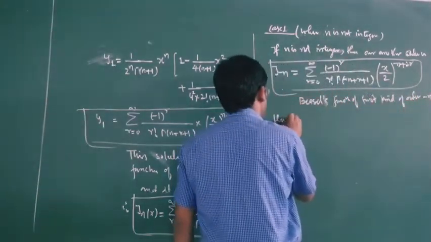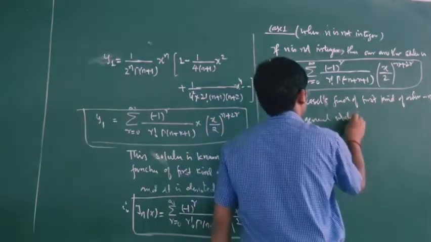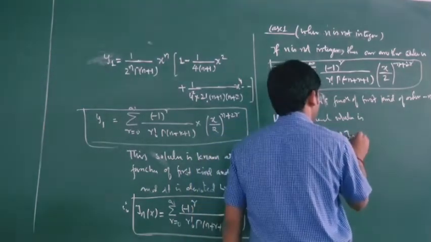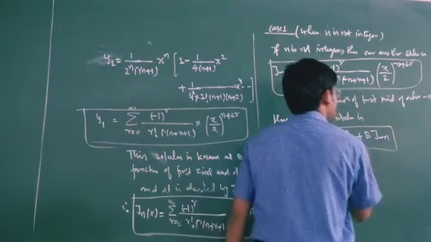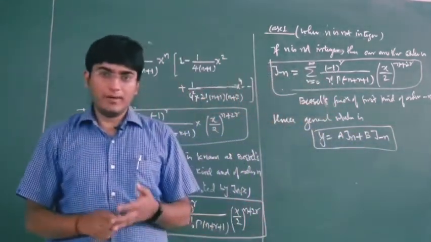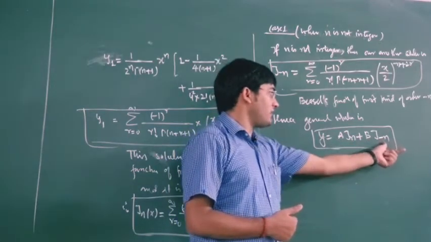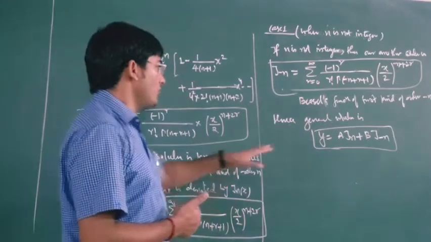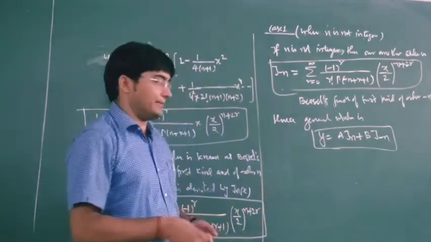Hence the general solution of the Bessel differential equation in this case will be a Jn plus b J minus n. So this is the complete solution of the Bessel differential equation, where Jn is the Bessel function of first kind of order n.